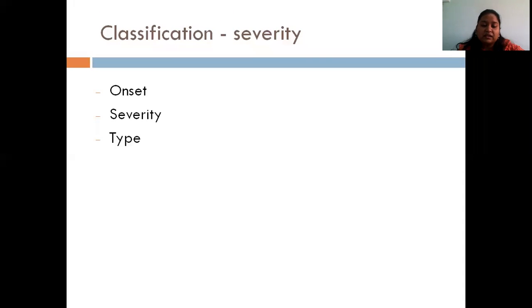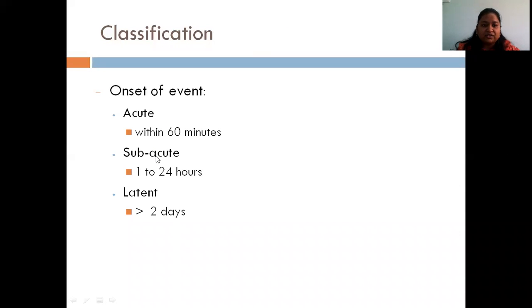According to how severe the adverse drug reaction is, ADRs can be classified by onset, severity, or type of adverse drug reaction. First is the onset. Onset can be classified into three groups: acute, subacute, or latent.